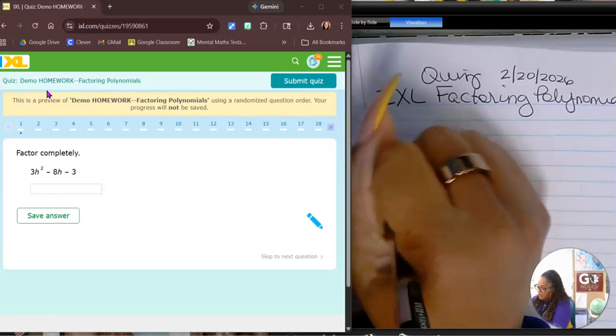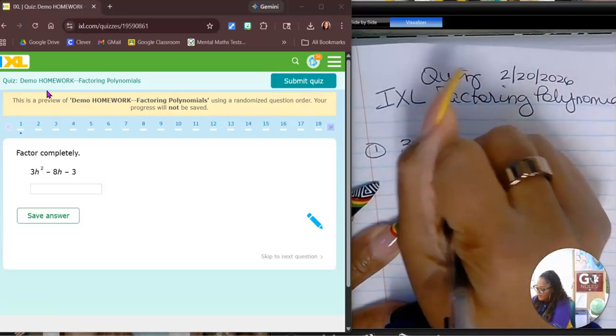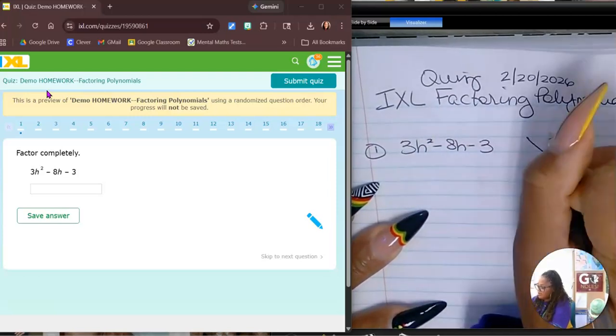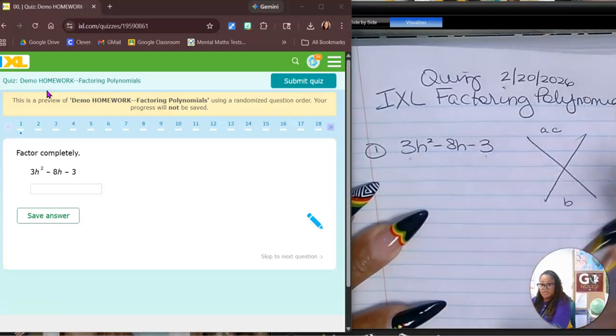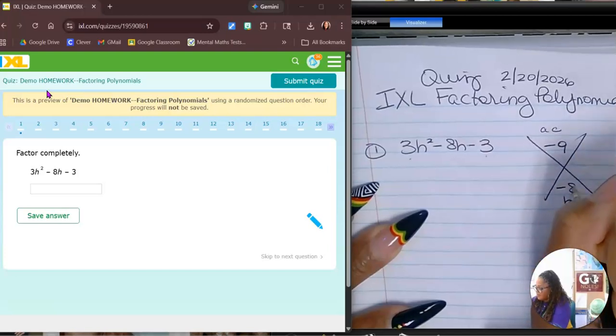So for starters, number 1, it says 3h squared minus 8h minus 3. You must show the big X, so we'll take a times c and put b at the bottom. A times c is 3 times negative 3, which is negative 9, and b is negative 8.